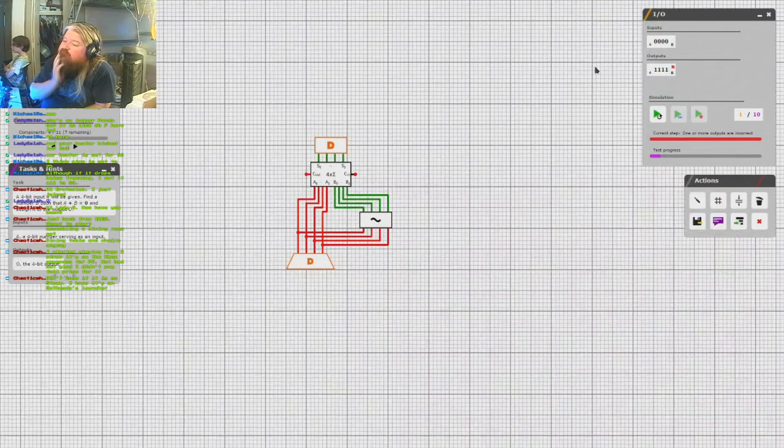Okay, so I need some OR gates, I'm assuming. Except I don't have any OR gates available to me.